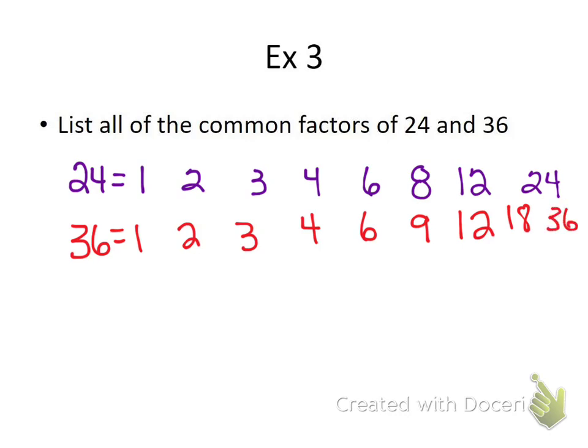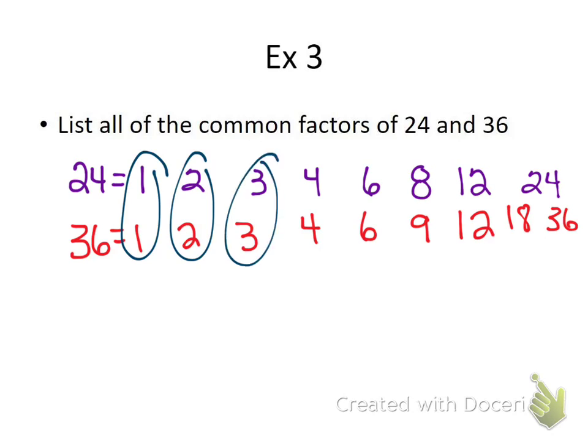So now it's asking us to list all the common factors of 24 and 36. When I say to list the common factors, it means what factors do these two numbers share? What do they have in common? What factors does 24 have that 36 also has? 1, 2, 3, 4, 6. What else? 12.